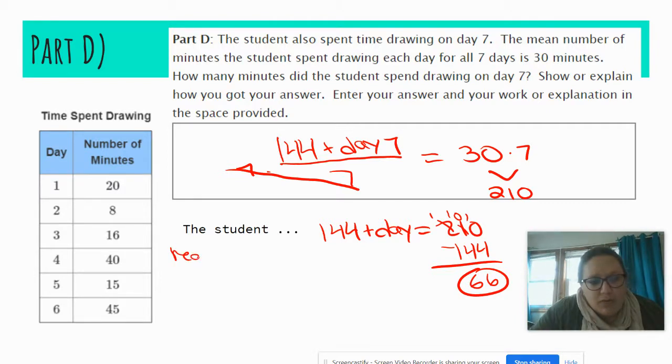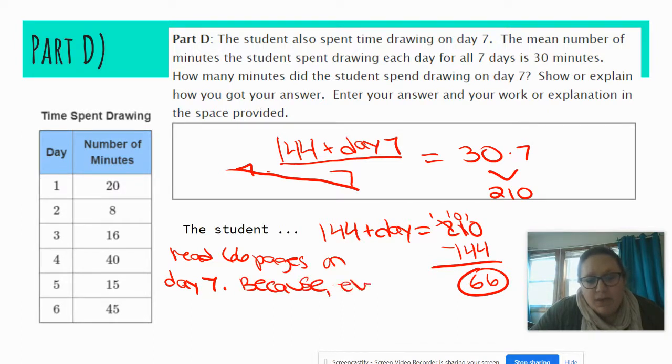The student read 66 pages on day 7. This is because everything needs to add up to 210.